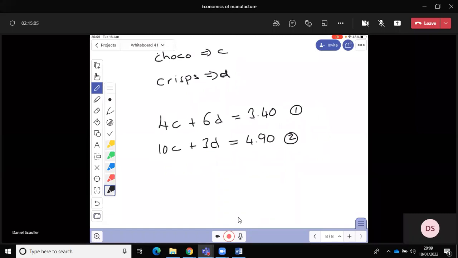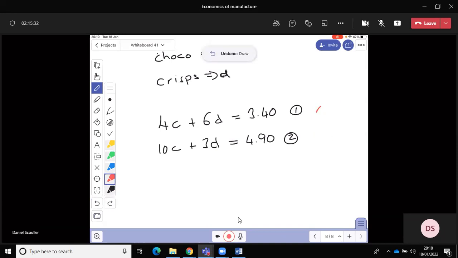Okay, so we've given the variable of the chocolate bar, the letter C, the crisps, the letter D. We've made 2 equations out of it. Now it's just a case of following that same process. We want to make that and that the same number, so we can work through it. Now we could multiply that by 3, multiply that by 6 to get the same.